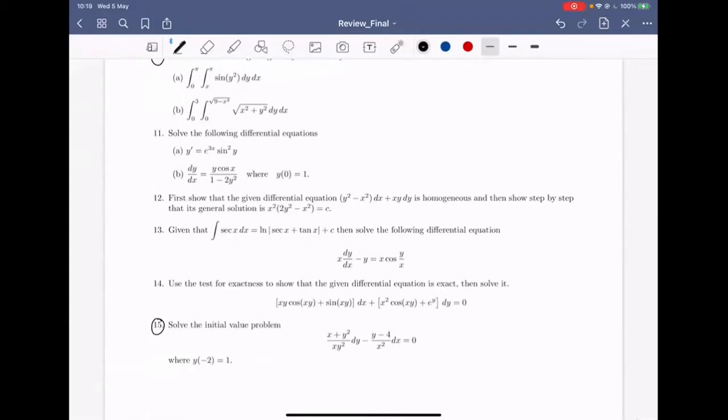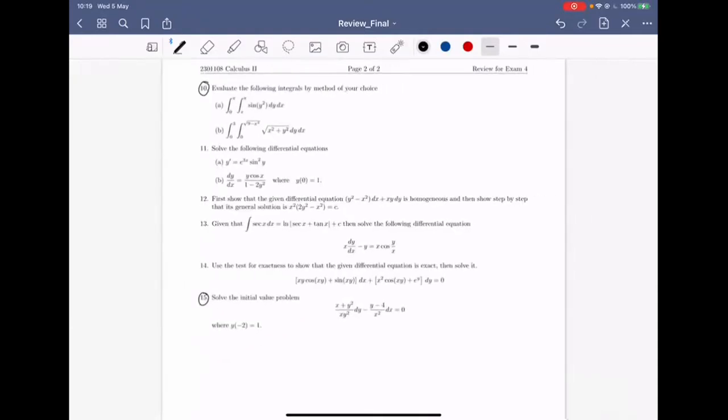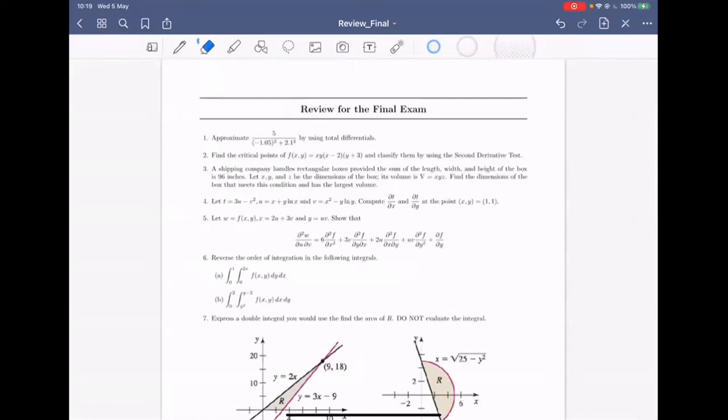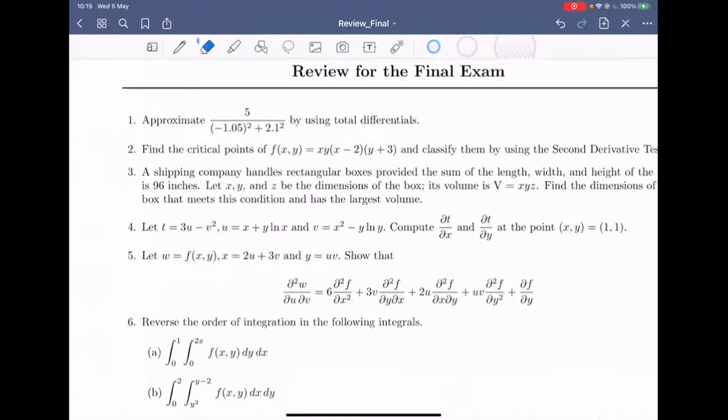So let's do one question from each chapter then. Let's start from questions 1 to 5. I'm going to show you how to do question 5, because this is the chain rule one that uses the higher order derivative.